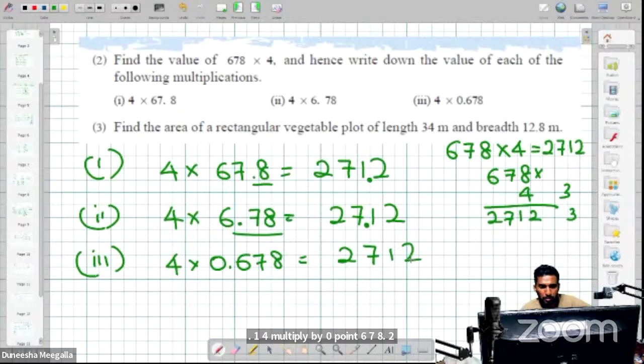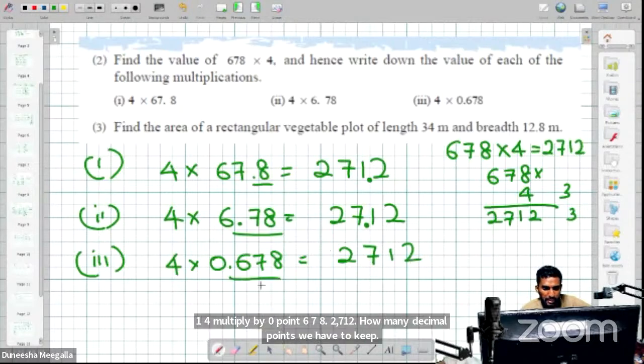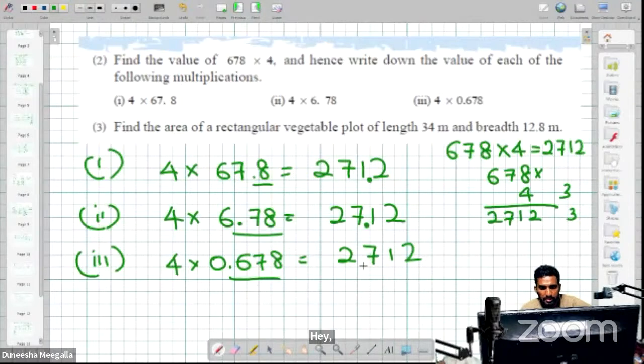How many decimal points do we have to keep? How many decimal points are in the multiplication? 3 decimal points there. So we have to get 3 decimal points in the answer. Did you get the answer for the third one?